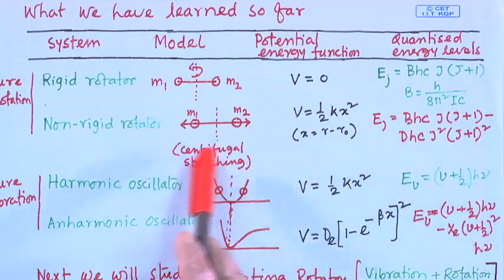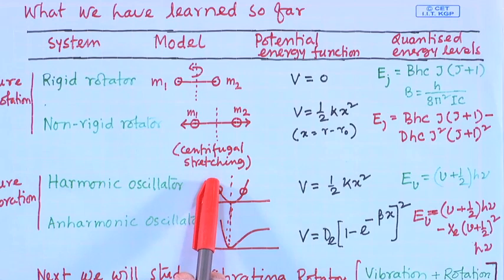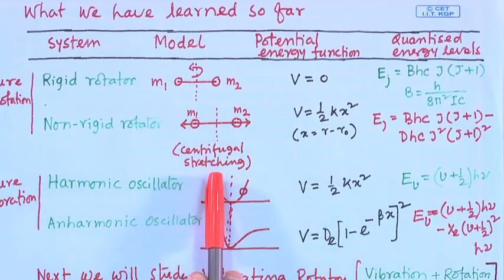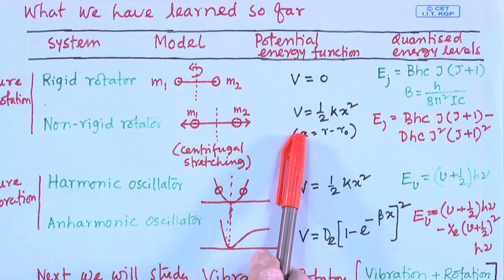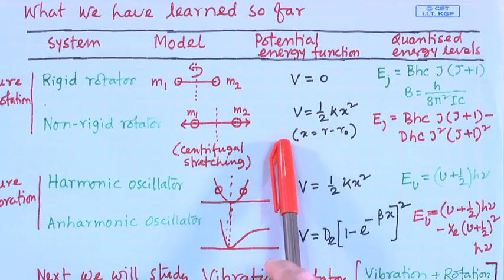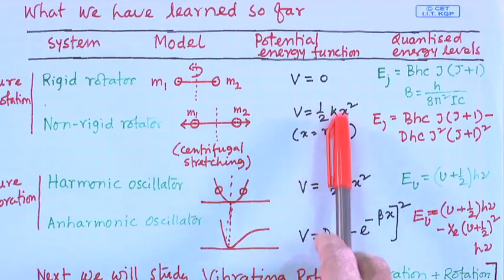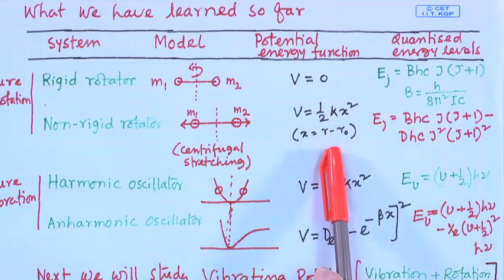That is why it is called centrifugal stretching. Due to this distortion during rotation, it is called the non-rigid rotator model. Its potential energy is half k x square, where x equals r minus r 0.